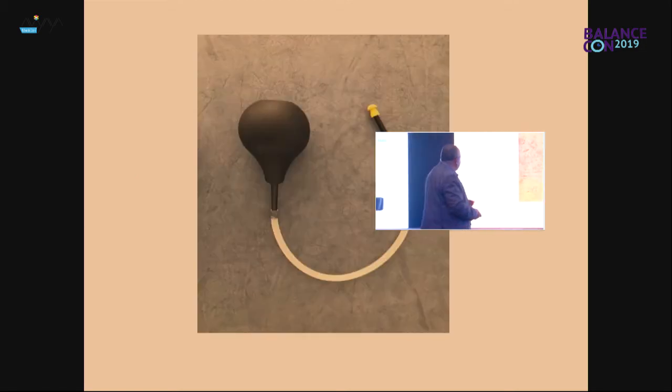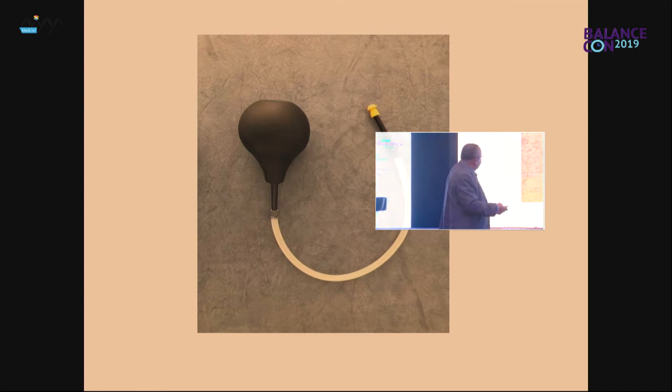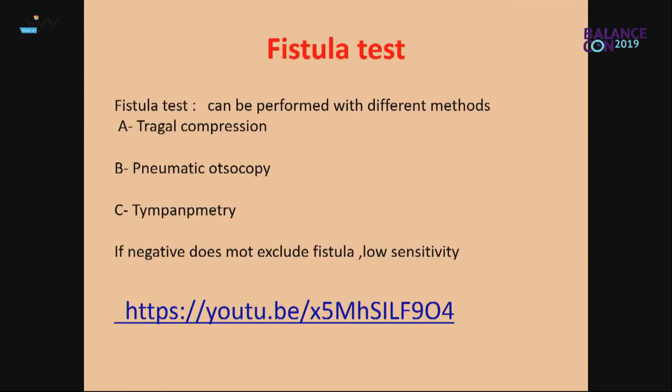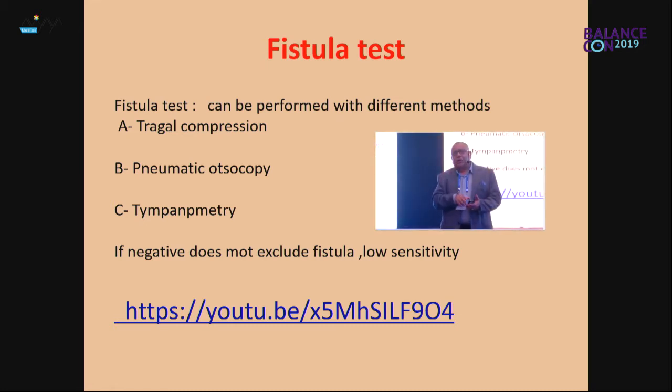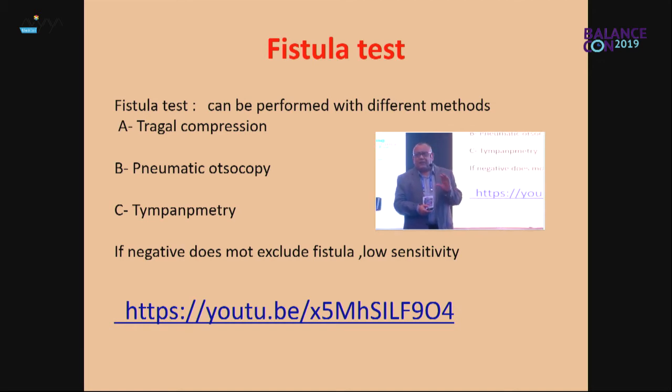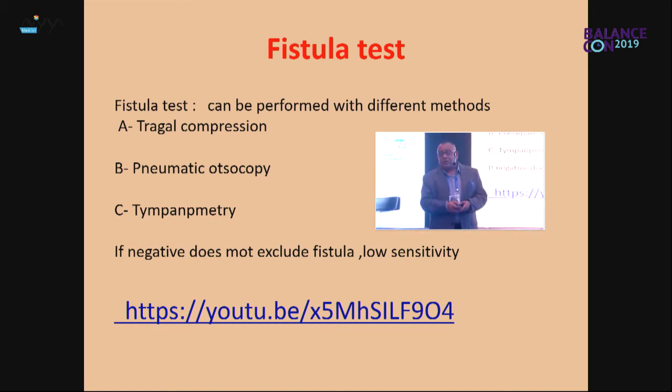Another colleague did this nice video on YouTube, and I put the link for you. With really just a little tragal pressure, they show very robust nystagmus. But in my experience, it's of low sensitivity, and it needs excessive pressure to be provoked.